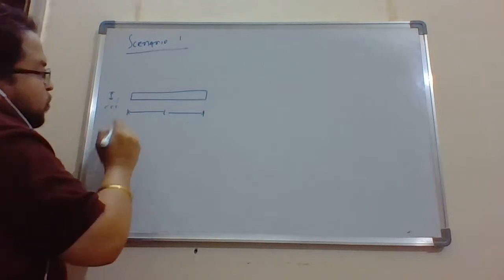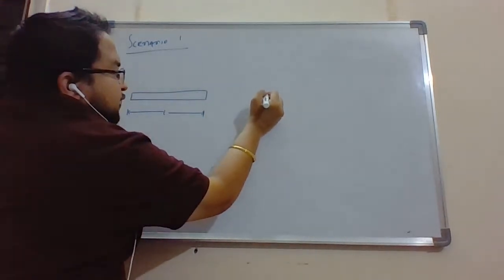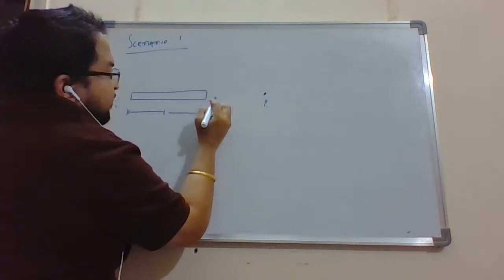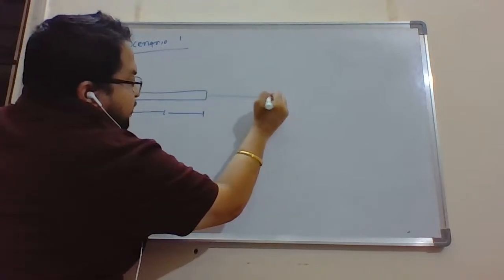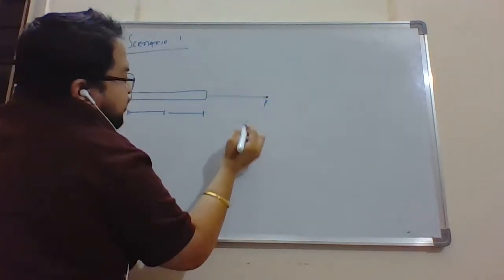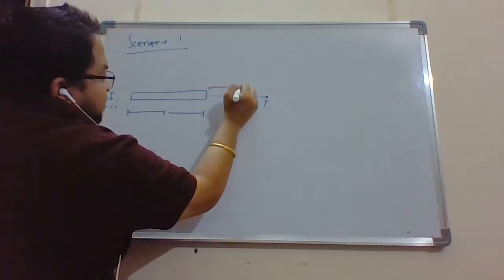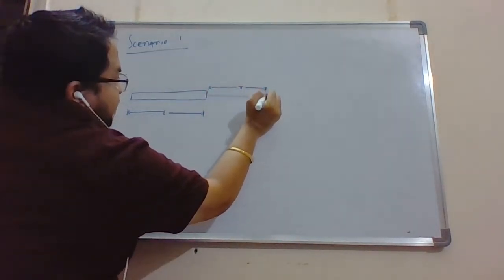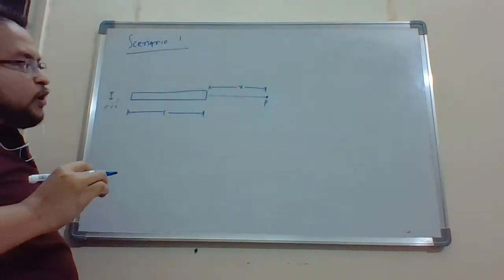In this situation, suppose there is a point P here, at a distance r on the axis of this uniformly charged rod.